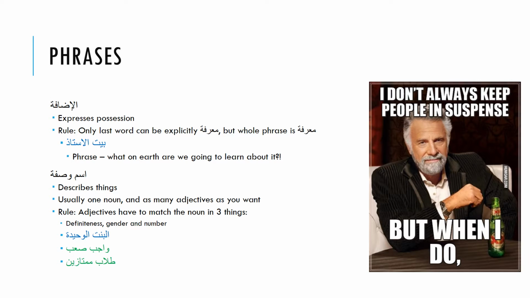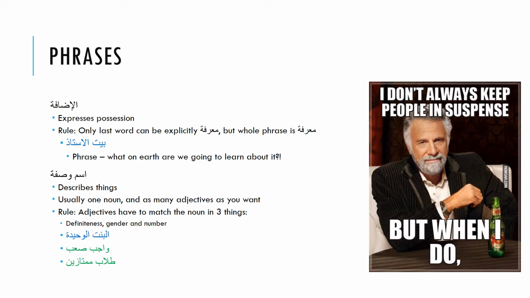Another kind of phrase that we haven't learned very much about is ism wa sifa. This kind of phrase is just describing things, so telling us more about something. Usually it's one noun and as many adjectives as you want. The rule is that the adjectives have to match the noun in three important things.